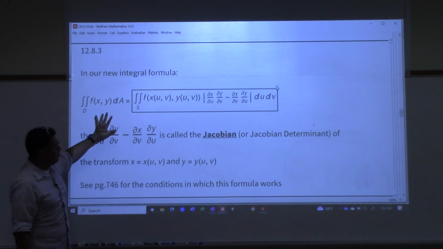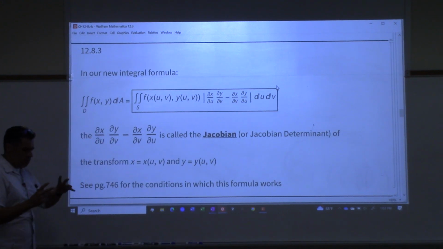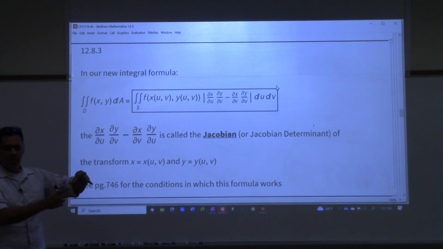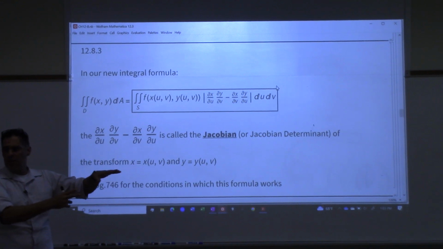We have to compute the Jacobian and then transform our region into this new variable space. Like instead of the xy plane, we convert it into the uv plane.